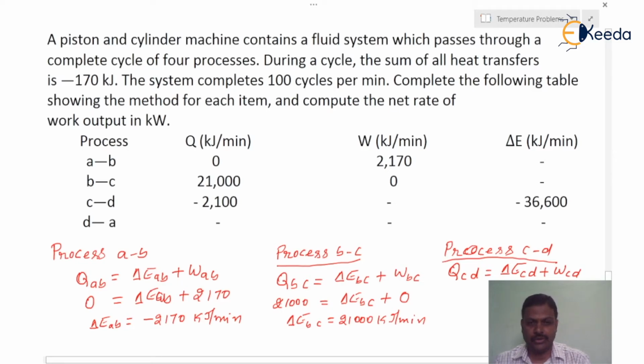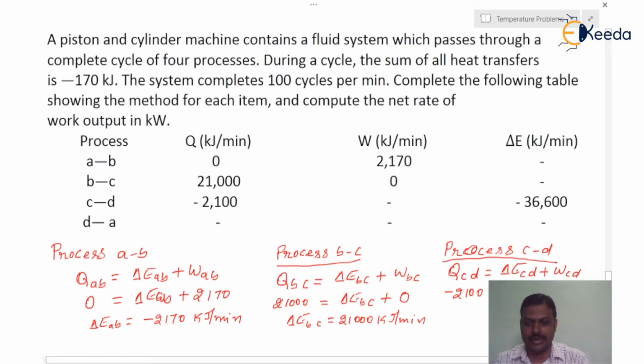So here QCD is minus 2100 kilojoules per minute, that is equal to delta ECD, which is once again minus 36,600 kilojoules per minute, plus WCD.